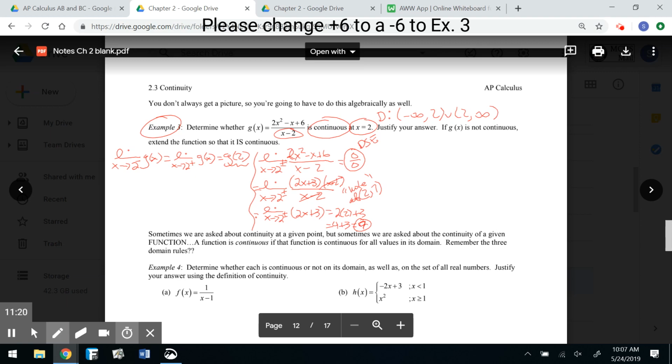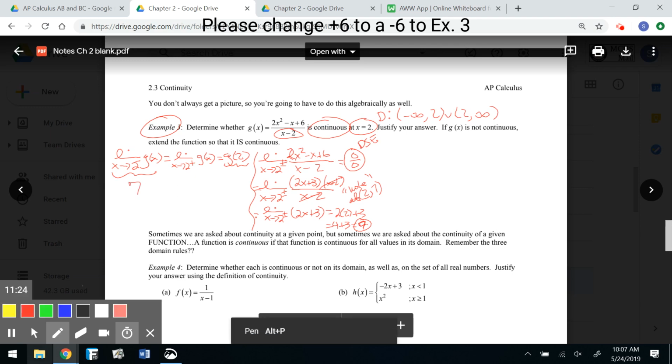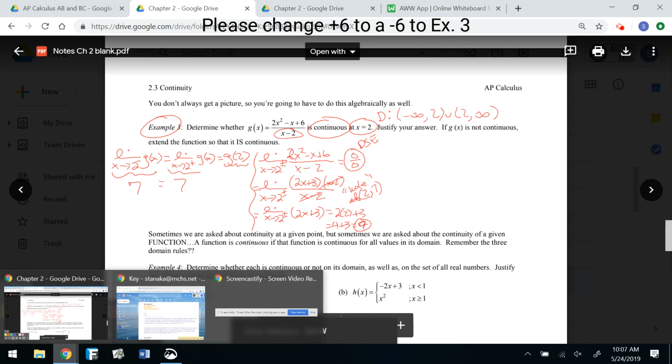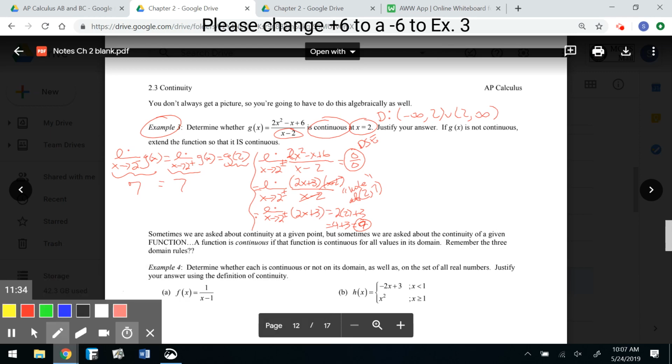So if I wanted to start filling this out, the limit of that is equal to 7. The limit of this is equal to 7. And if you remember the example that we did previously, whenever that does occur, we get a removable discontinuity if our function value is something else, which in this case is DNE. So guess what?